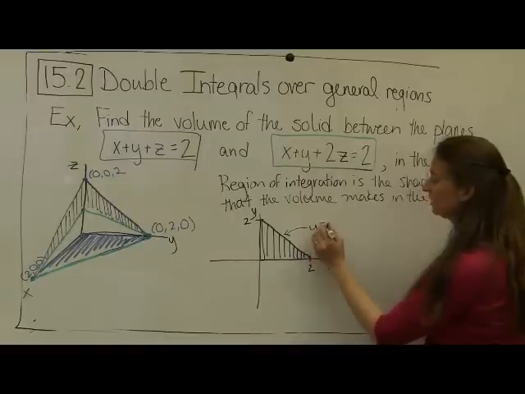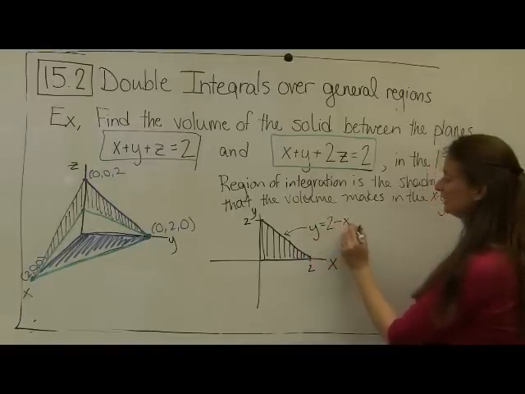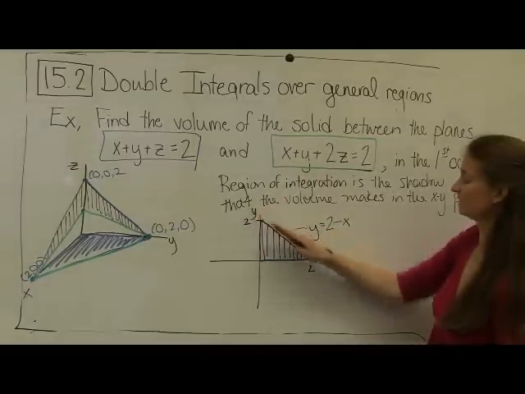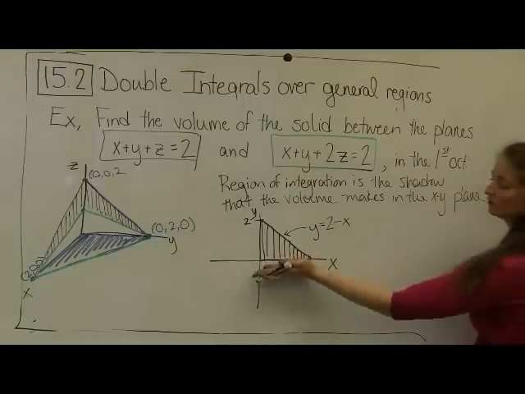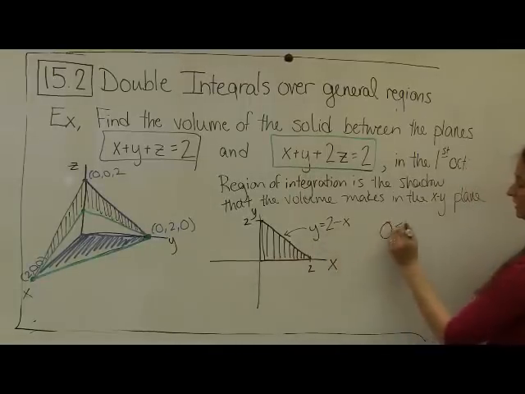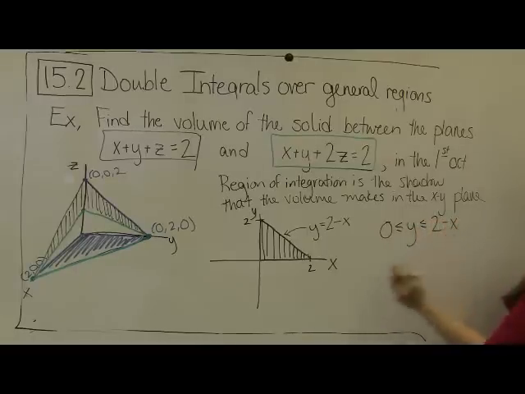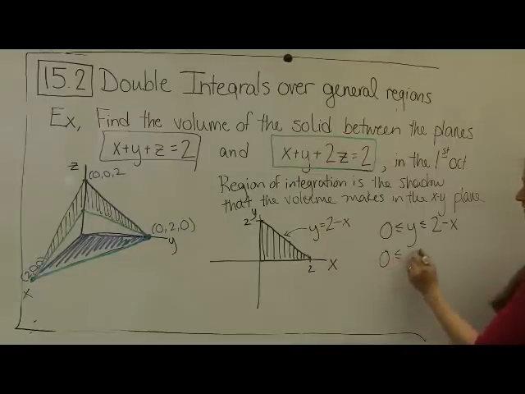This is the line y equals 2 minus x, because my intercept is where y equals 2, and I have a slope of -1. So my y values are going from y equals 0 up to this line, 2 minus x, and my x values are going from 0 to 2.